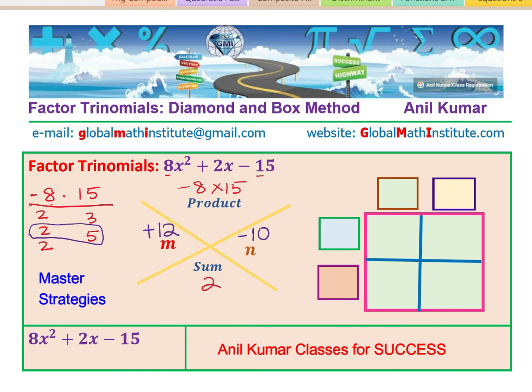Okay, let's now fill up all the data, the information from the diamond into the box. That is the logical step. 8x squared comes on the left hand top corner and the constant minus 15 takes the diagonally opposite position. M and n values, plus 12x and minus 10x, take up the next two values diagonally as shown here.